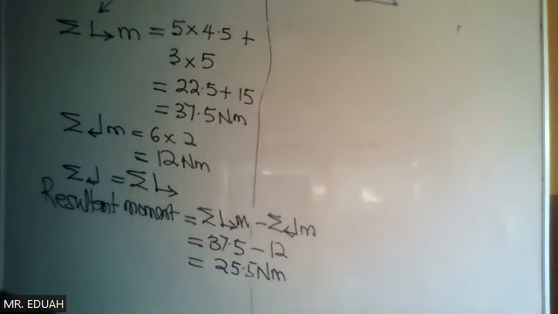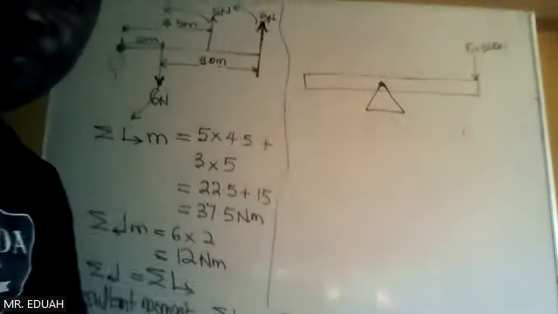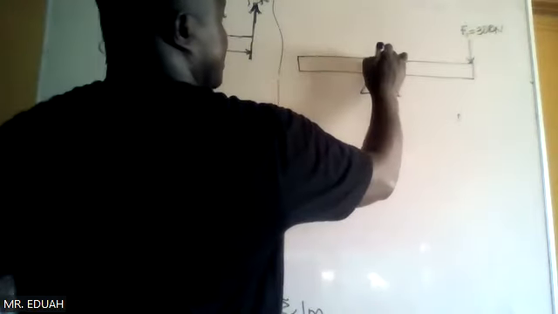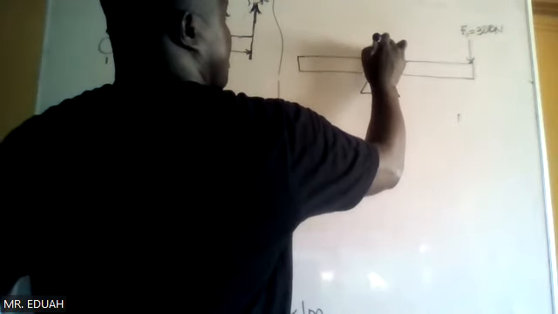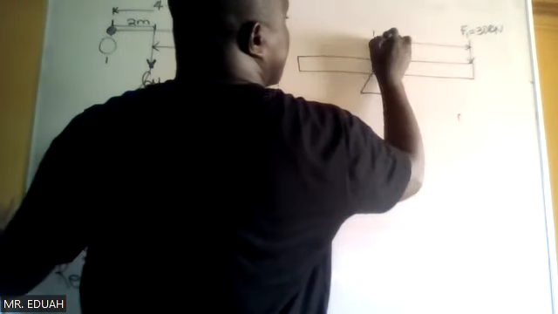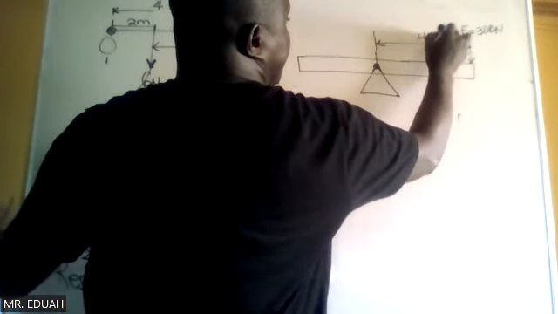We have a force F1 of 300 Newton, acting at a distance of 4 meters from the pivot. This is 4 meters from the pivot.